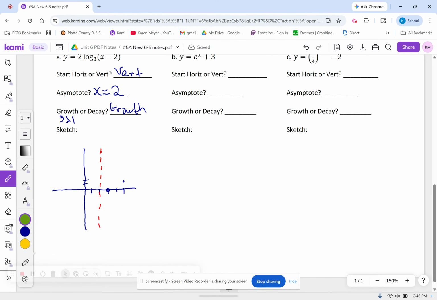So then I know it's going to follow this right here, and then it's going to start to curve and then follow this out. And that should match what is on my calculator.